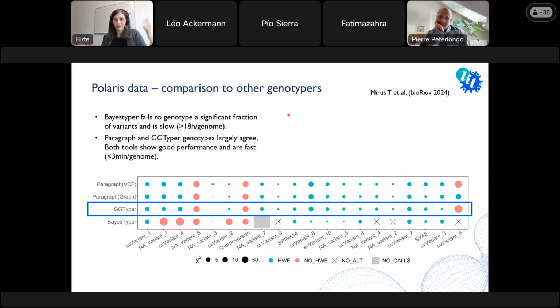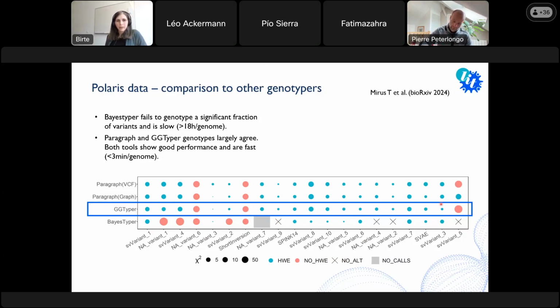So BayesTyper, exactly what I described before: if you have small inaccuracies at breakpoints, it breaks down, and it actually didn't genotype a single heterozygous or homozygous variant call in several variants, and fails Hardy-Weinberg equilibrium for a few more variants, while Paragraph and GGTyper have very similar results and largely agree.